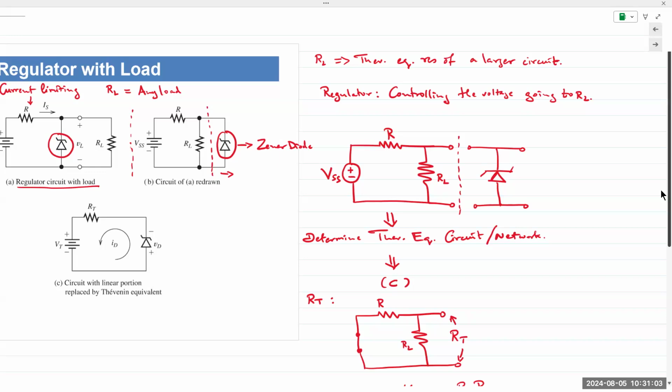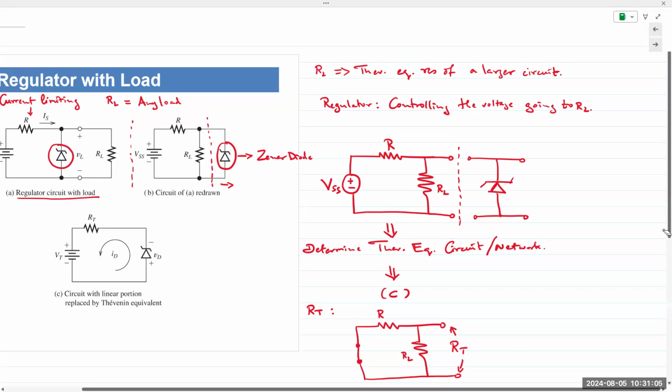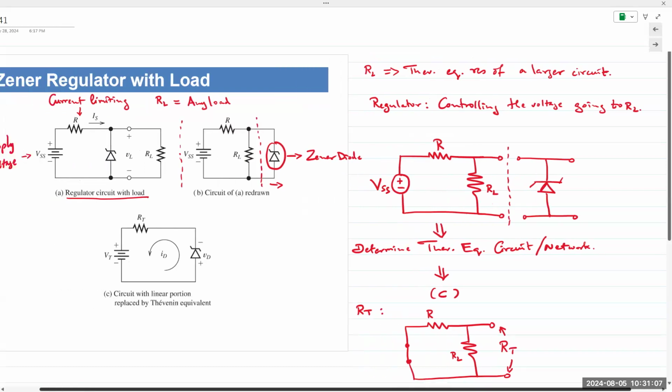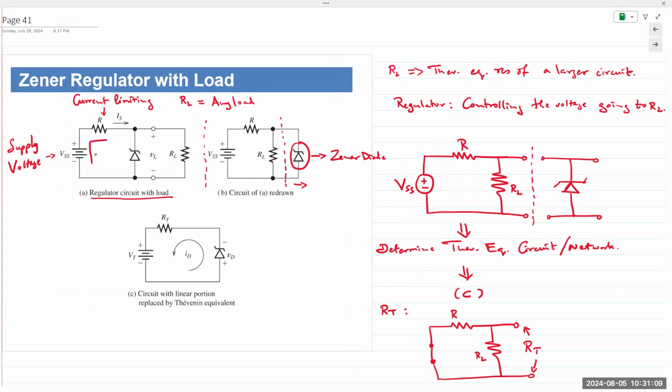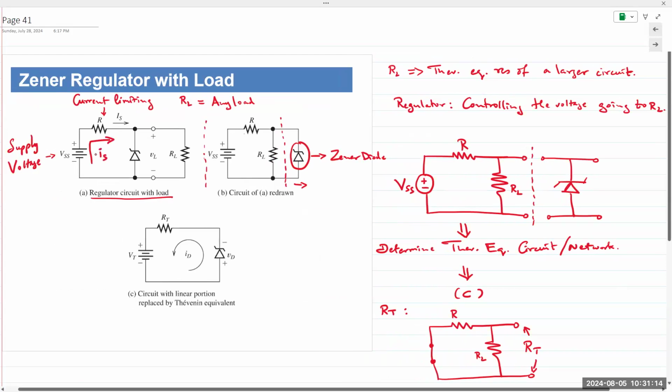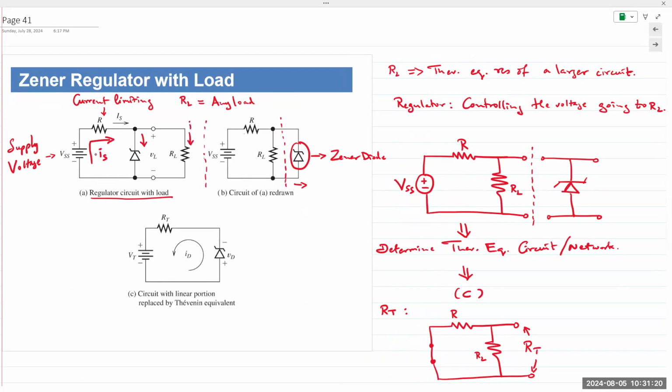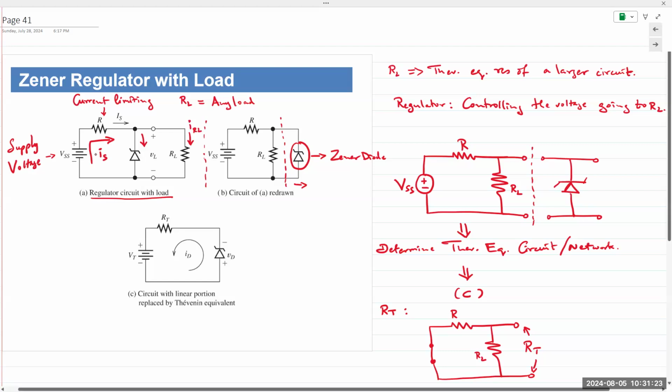If you look at the voltage regulator circuit right here in A, this current is coming through here. That is IS, supply current. It reaches the top node, splits in two. Let's call this IL. And this one's coming down here. Let's call it IZ.